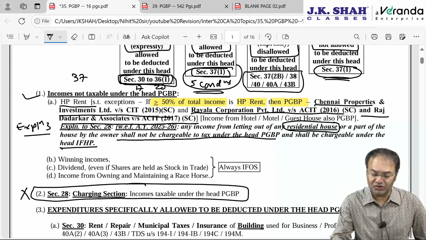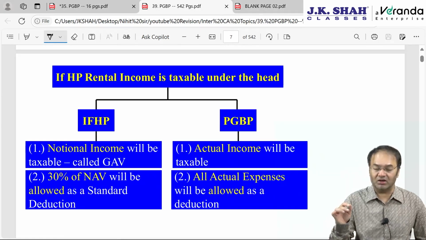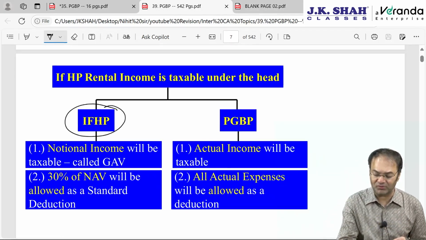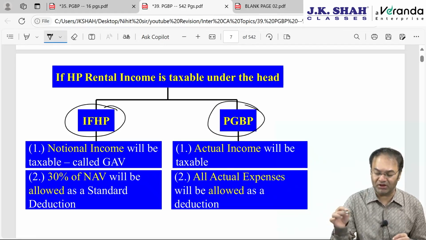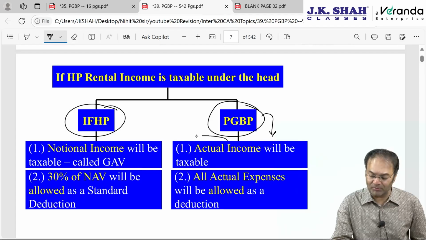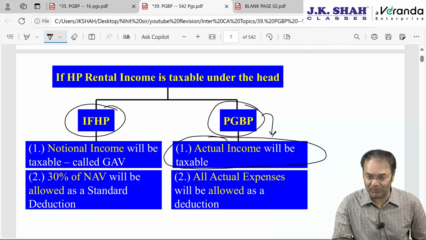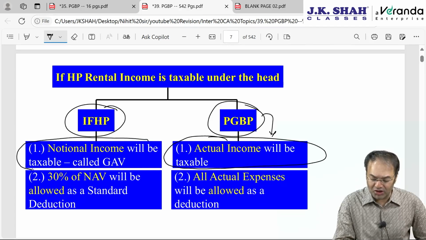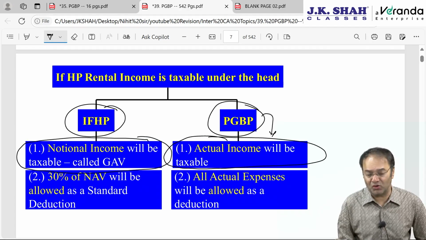How did it used to make a difference? Now the things are clarified. Earlier, there was a puzzling situation. If the rental income is offered under the head IFHP, what will happen? If offered under PGBP, what will happen? If it is offered under the head PGBP, then actual rent will be taxable, whatever rent is actually received or receivable. But if it is taxable under IFHP, then notional income is taxable, which is called the gross annual value.